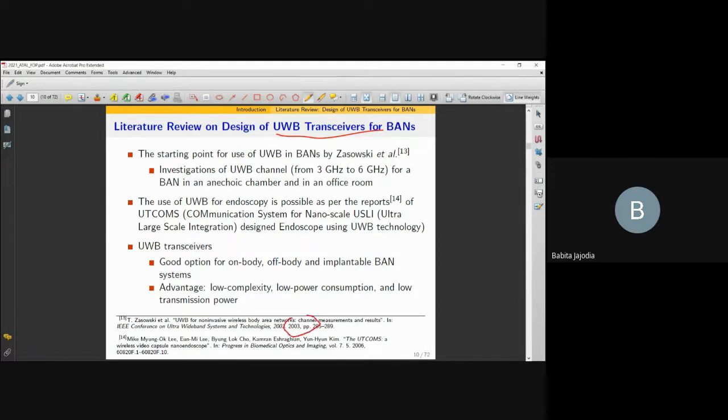So you can see the references. How did researchers start to find out whether we can use UWB for body area networks? The starting point was done by Zasowski or someone, in reference number 13.